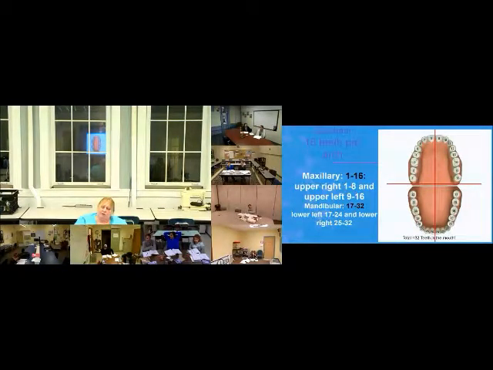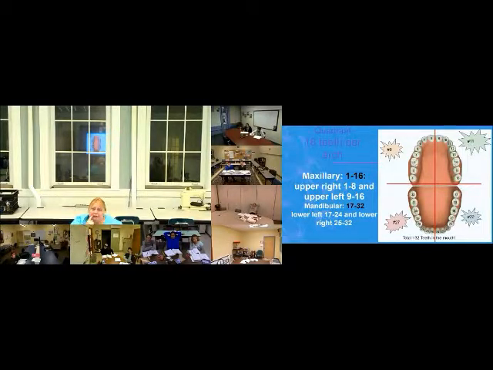And that gives us a total of 32 teeth in the mouth. One of the ways that I encourage you to get oriented to the numbering system is to memorize your canines. So, your canine teeth, you have 1 canine in each arch.